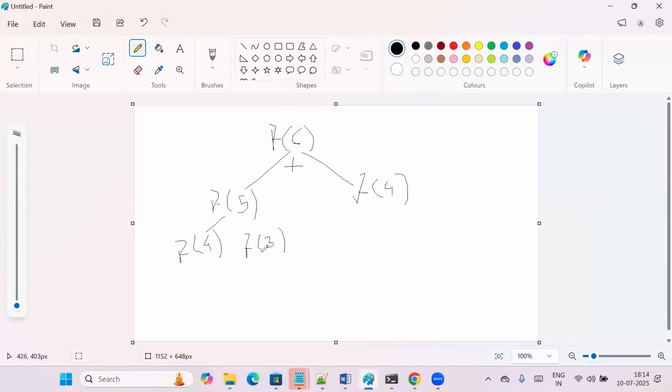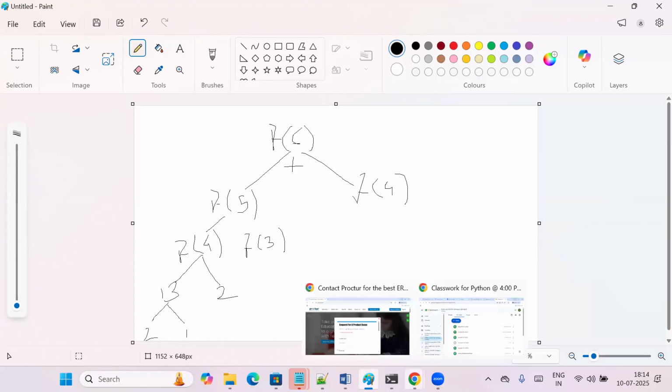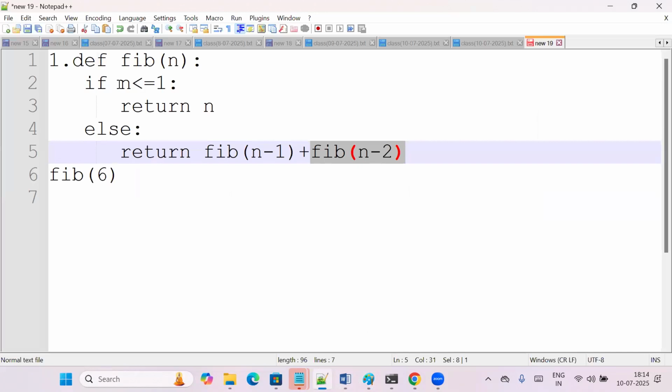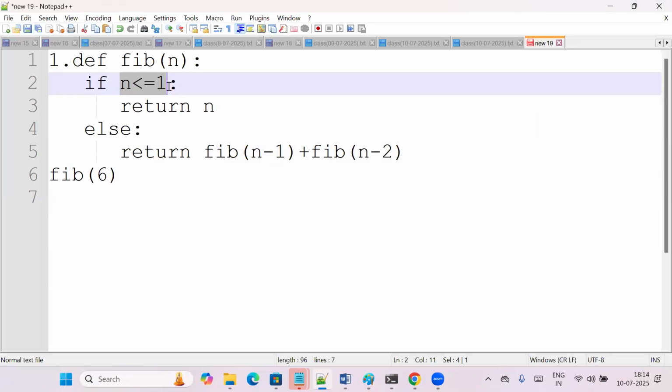See guys, once you find out fib of 4 here, you don't need to find out this one, correct? So what is this fib of 4? Again it will become fib of 3, again fib of 2, again fib of 2, again fib of 1, right? Once it is fib of 1, since n is less than or equal to 1, it will return the n value.